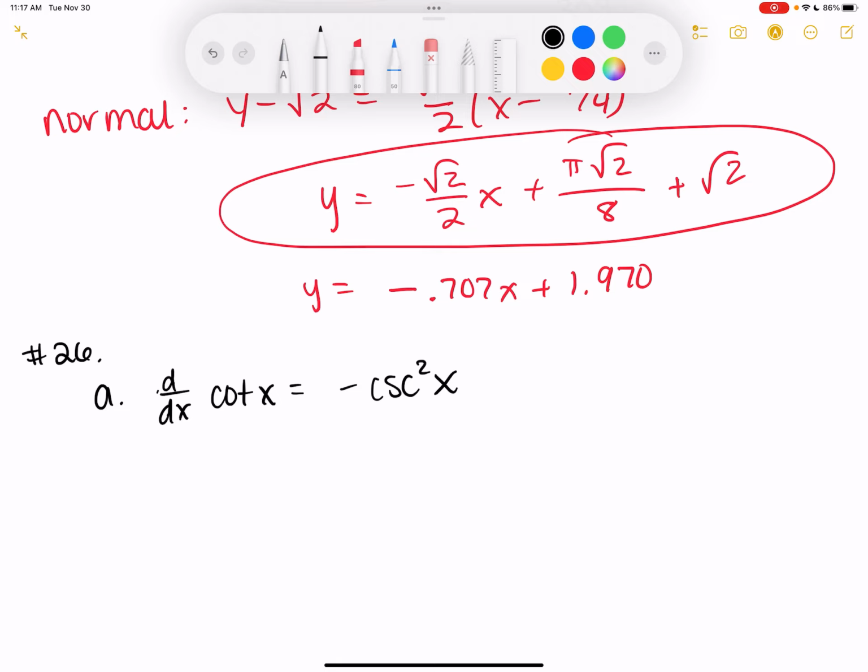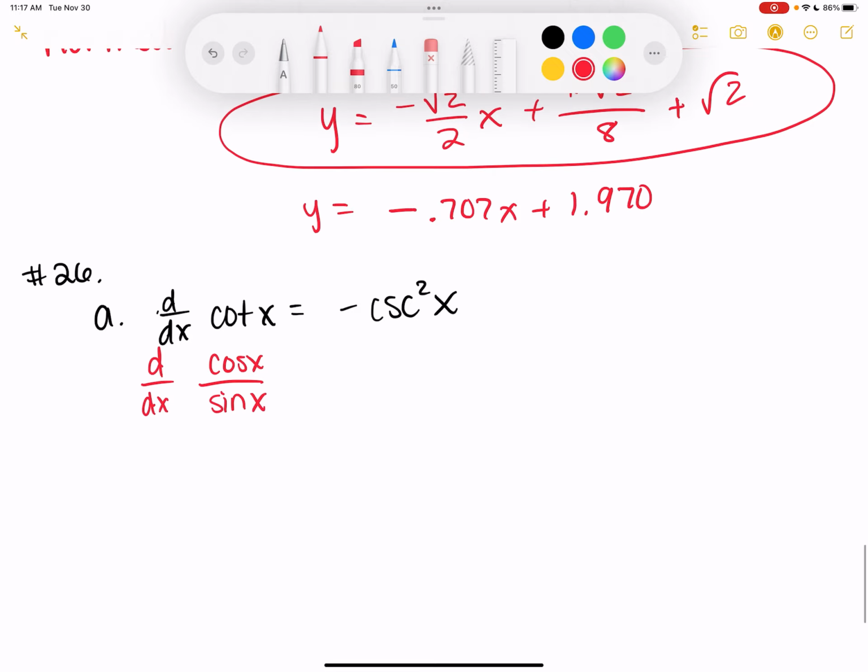So what is another way to write cotangent in terms of sine and cosine? Cosine over sine. So I'm taking the derivative of cosine of x over the sine of x. So if I want to take the derivative of this, what rule am I going to be using?